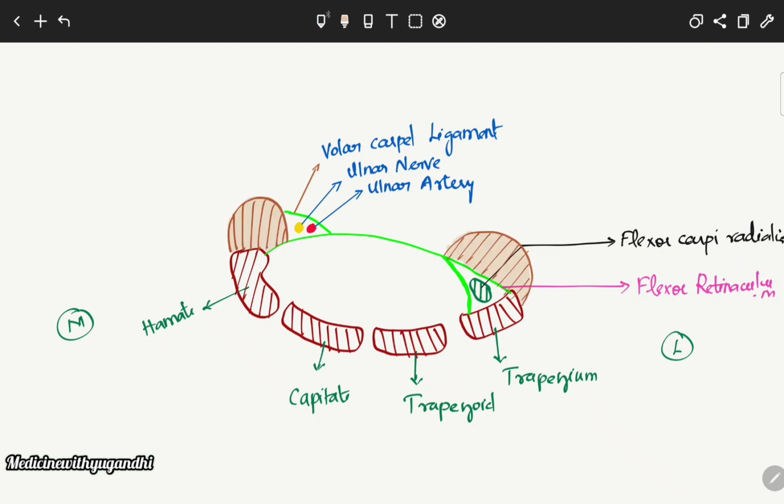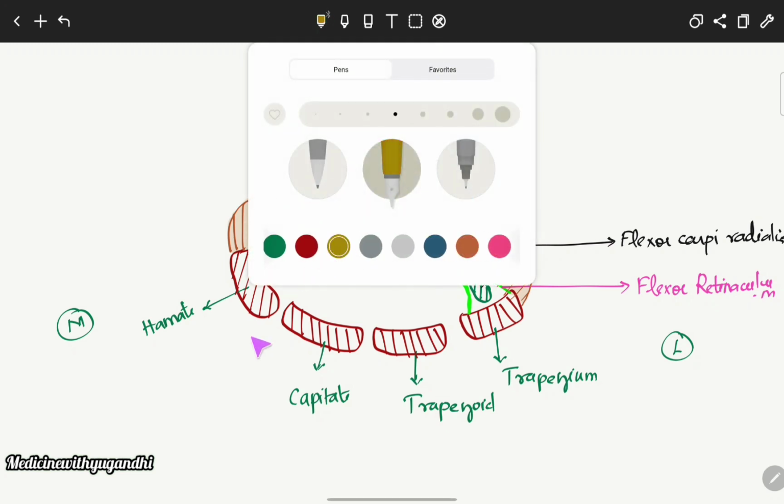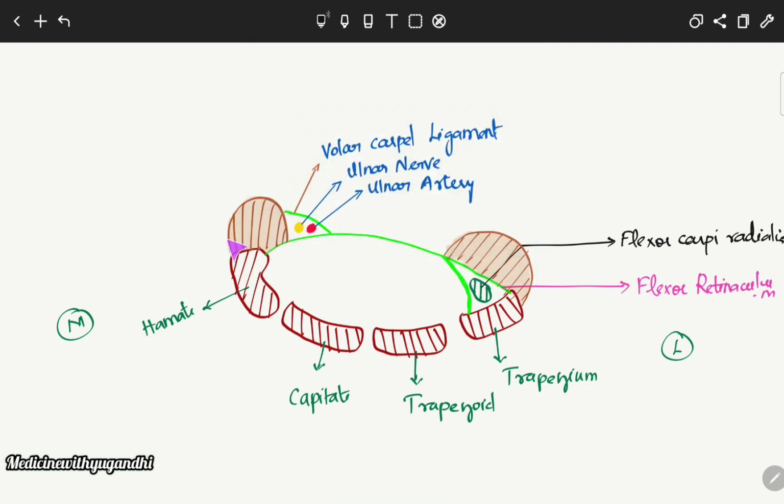Now coming to the relations of the flexor retinaculum. First let us see the structures passing superficial to the flexor retinaculum. Here you can see the hypothenar eminence. The hypothenar muscles arise from the flexor retinaculum on the medial side, right?